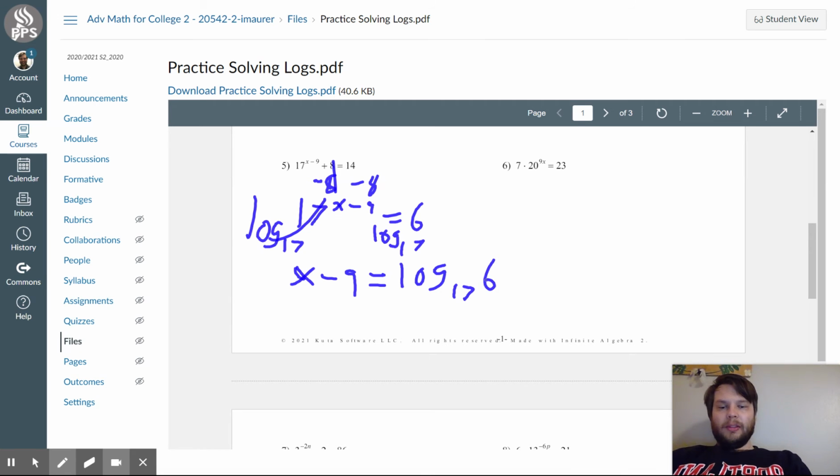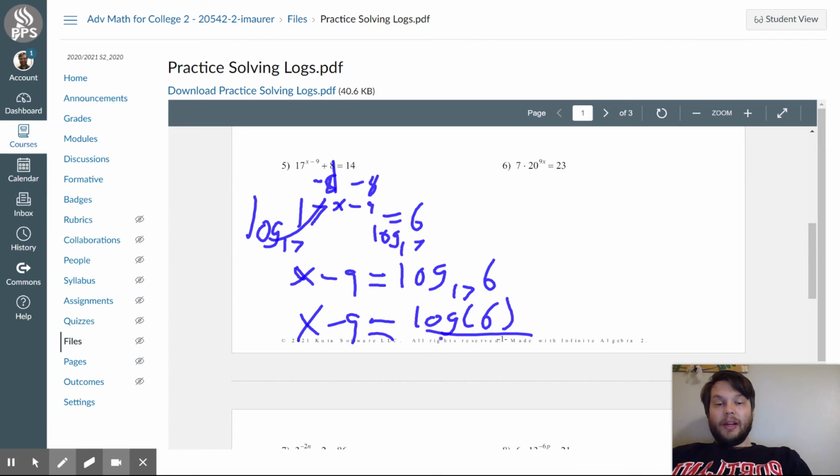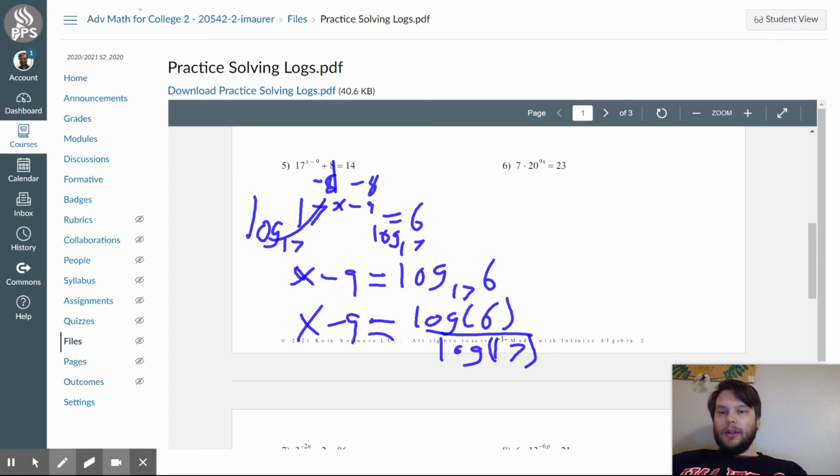I'm going to use my change of base formula here. X minus 9 equals log of 6 divided by log of 17. Notice how that 17 was on the bottom. 17 remains on the bottom. Go to my trusty Google up here at the top. Log of 6 divided by log of 17.